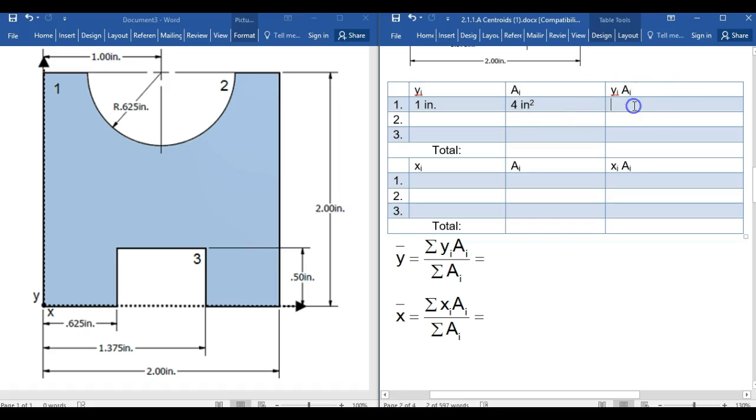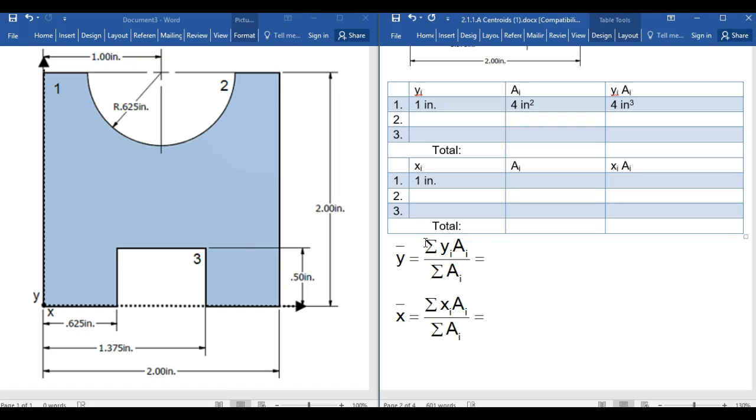I'm just going to copy and paste this and change this to a 3. So 1 times 4 is 4. We've done our y centroids for shape 1, which is the giant square. Now let's do the x's. When you're doing the x centroid, again, same thing. You take the whole x and divide it in half. The whole x is 2, as you see down here, so 2 divided by 2 is 1 inch.